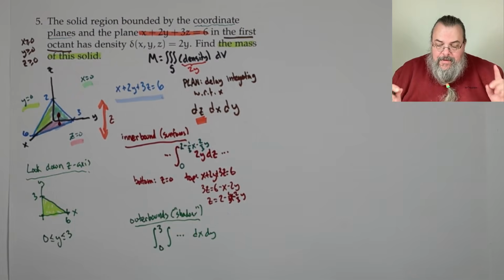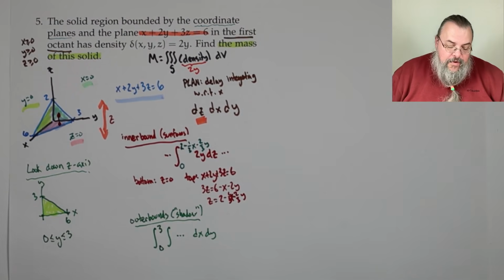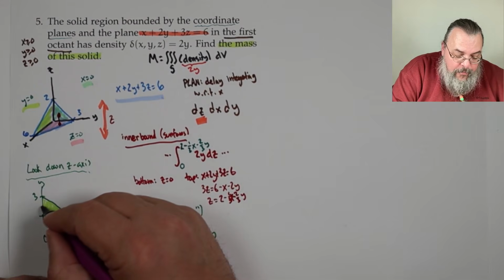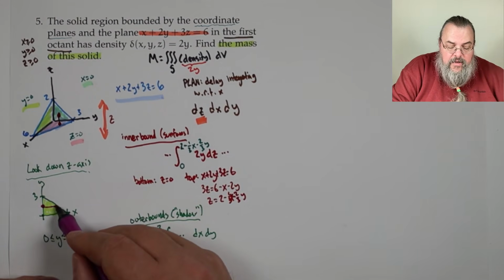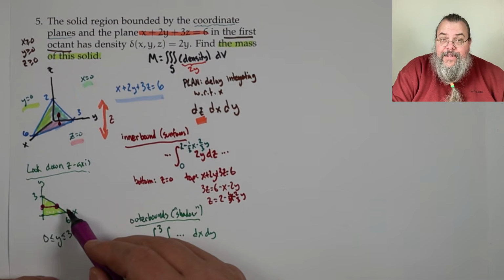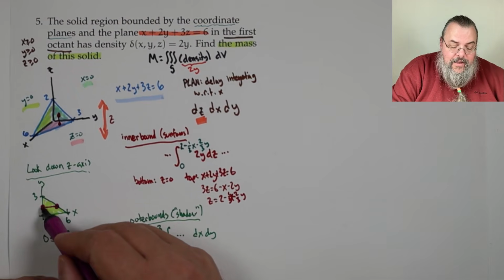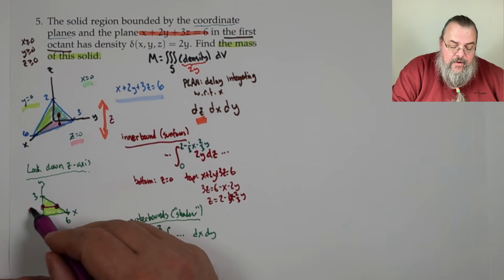Now, fix a y value between 0 and 3. Where does your x go from, low to high? What's your x value on the left, and what's your x value on the right? On the left, x equals 0.